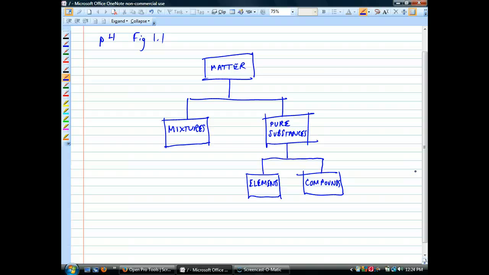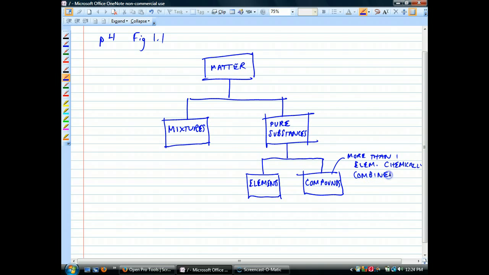Compound means you have more than one element, and they are chemically combined. So they have been joined through a chemical reaction. So we'll say more than one element chemically combined. And then I'm going to add on here, even though technically it's not an absolute rule, they have constant proportions of their constituent elements.